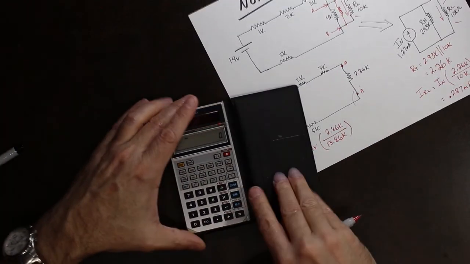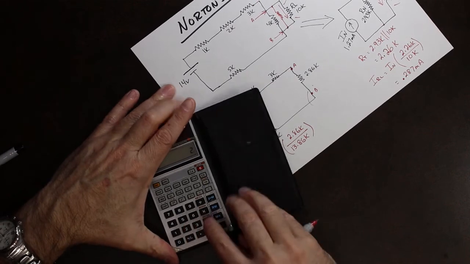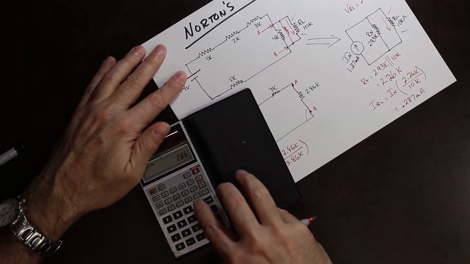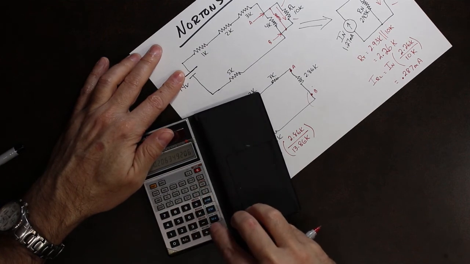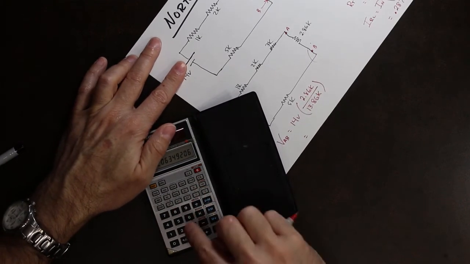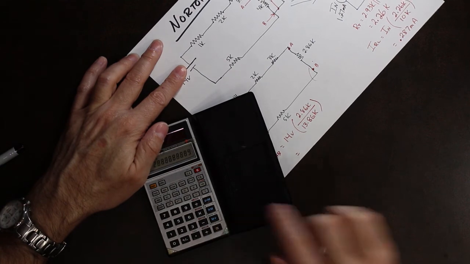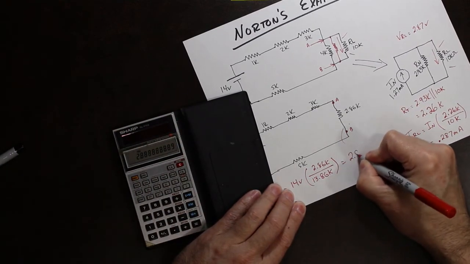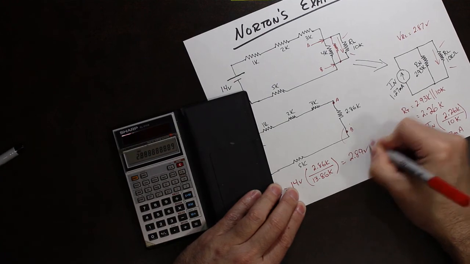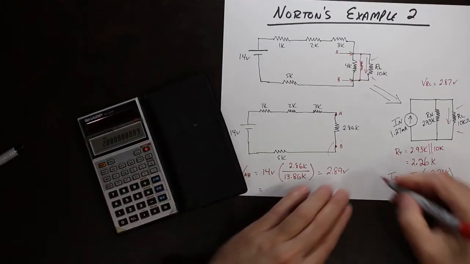So we have 2.86 divided by 13.86 times 14 volts equals 2.89 volts. Okay, look at that.